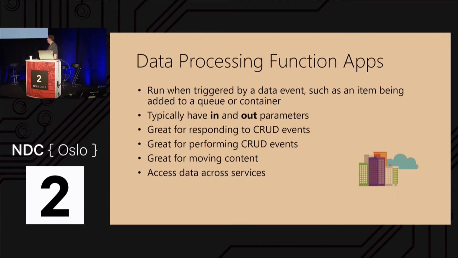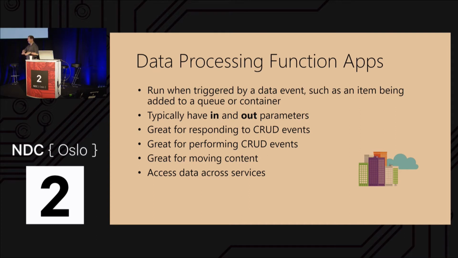The second is the one we're going to do, which is data processing, run when it's triggered by some kind of data event. And that's much more normal for probably the people in this room, right? You're always dealing with some kind of data and you have to do something to it or with it. So it's great for CRUD events: create, read, update, delete. We're going to use it for moving content because we're going to take these image files and do something with them depending on what the computer vision API says.